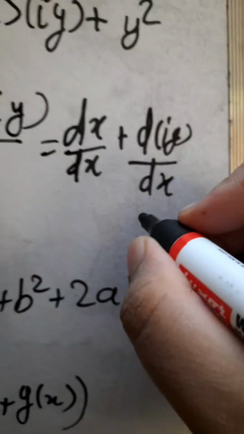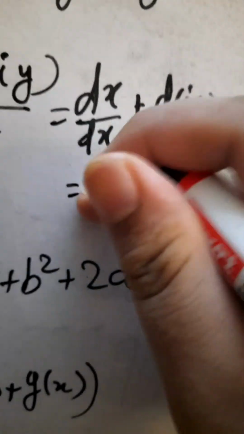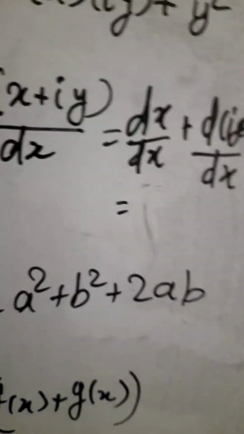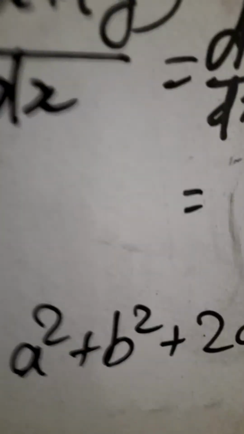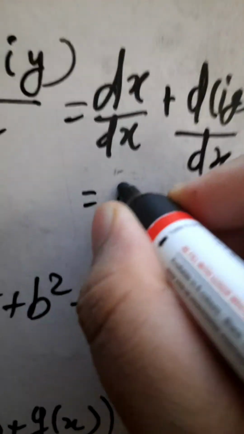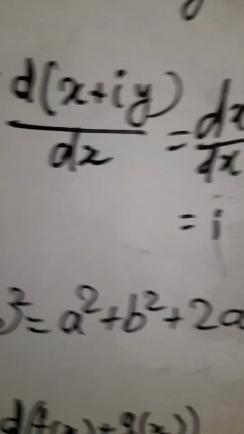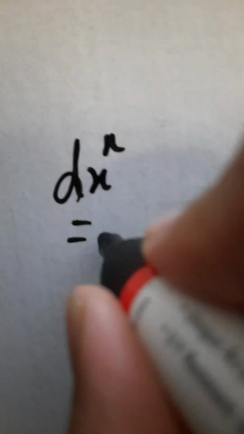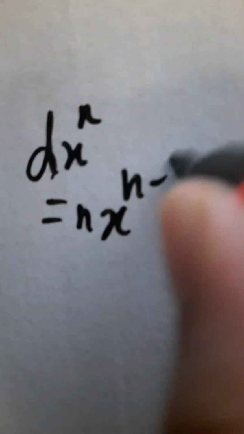So now this is 1, okay? dx by dx is 1. Same thing in numerator and denominator, it is divided, it is 1. Simple thing. But also another thing, let me show you. d of x raised to n equal to n x raised to n minus 1.